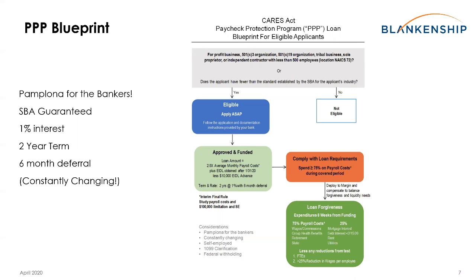So those are only going to be employees who at no time during 2019 received compensation in excess of $100,000 on an annualized basis. So again, you kind of get the flavor of what Congress is trying to achieve here, and that is they're really encouraging small business to try to retain their employees with the use of these loan proceeds.